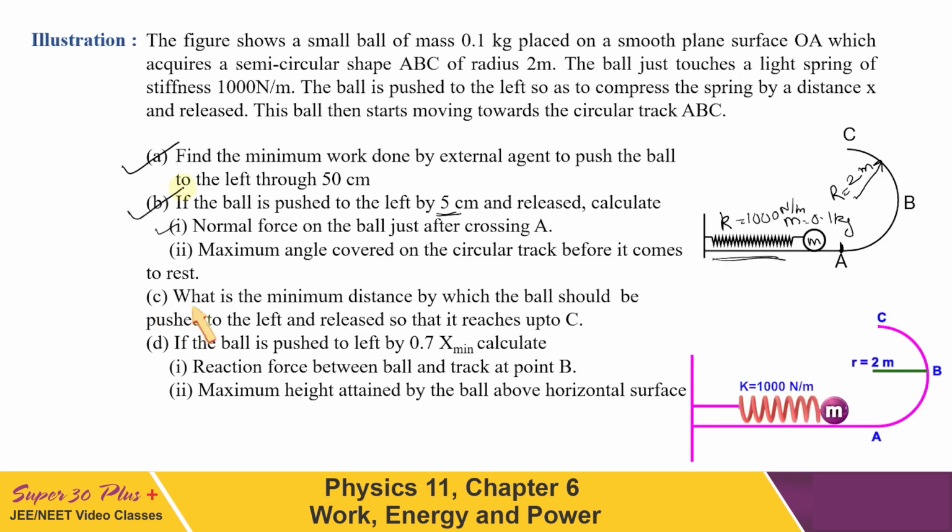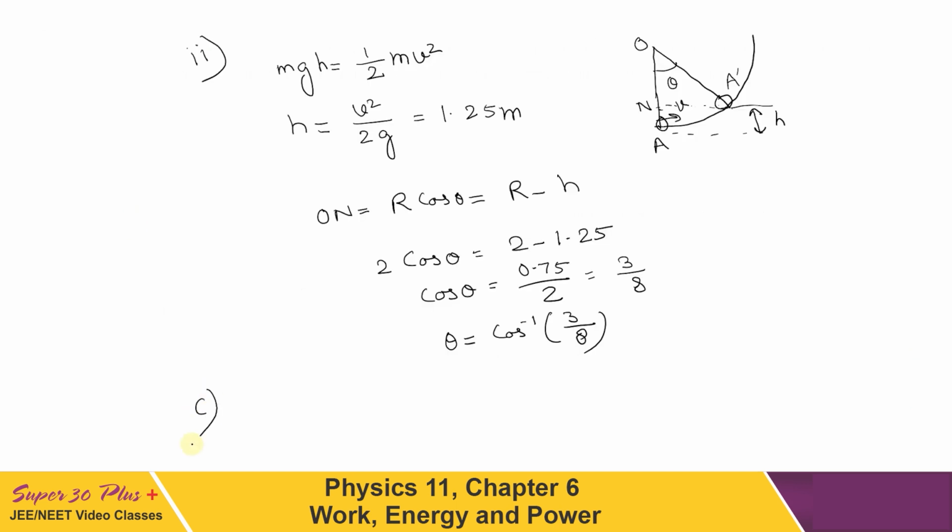Next is part C. What is the minimum distance by which the ball should be pushed to the left and released so that it reaches up to C? You can see here that C is the highest point. Now I am solving C. Let us consider that the spring has been compressed by x. So what energy will it be having? Half kx square.